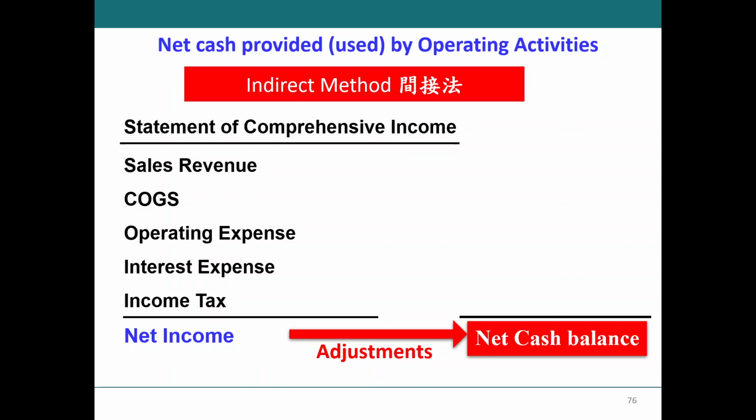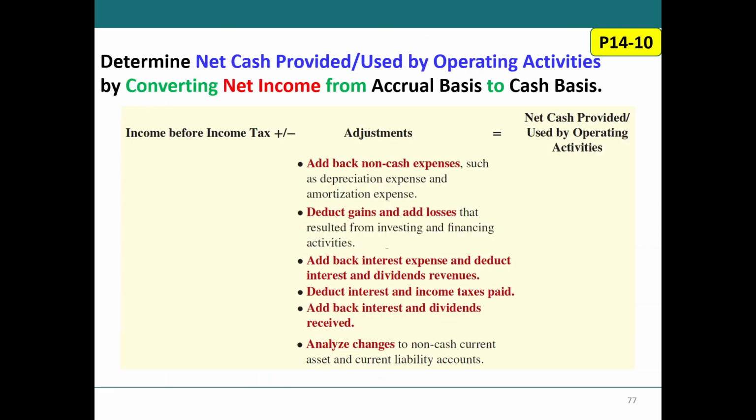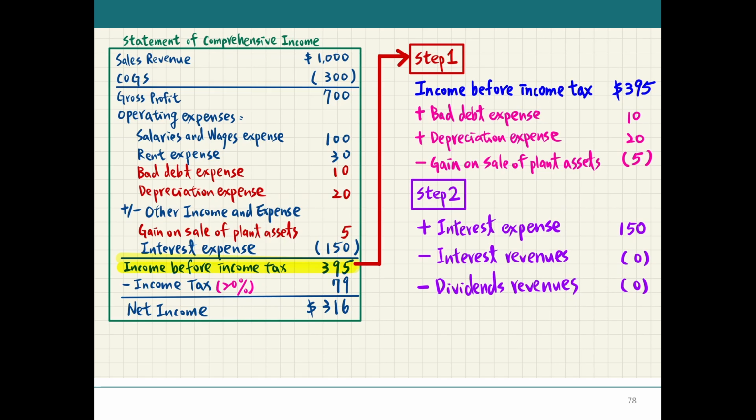We base on the final result, net income, using the formula to get the net cash balance, okay? No problem? Okay.